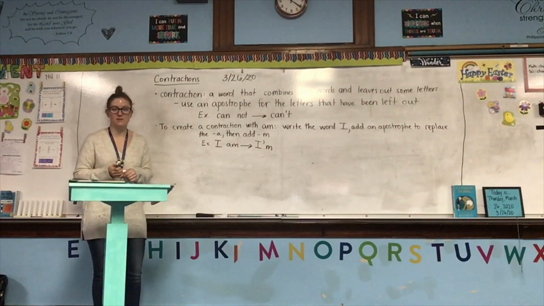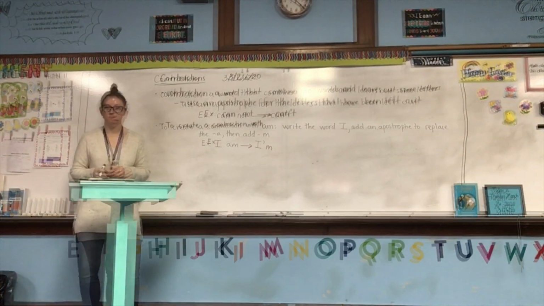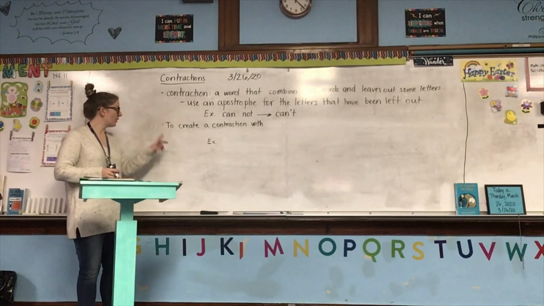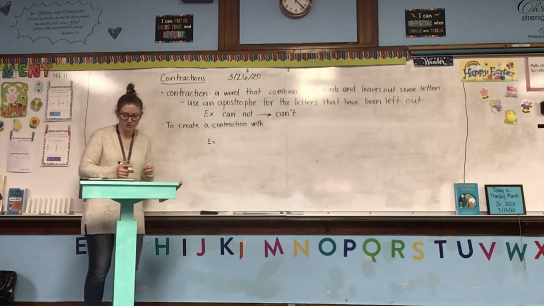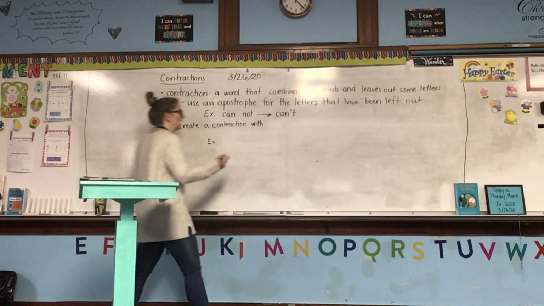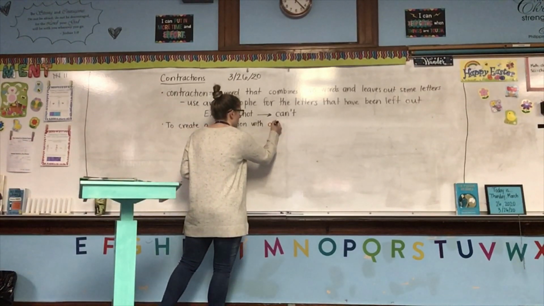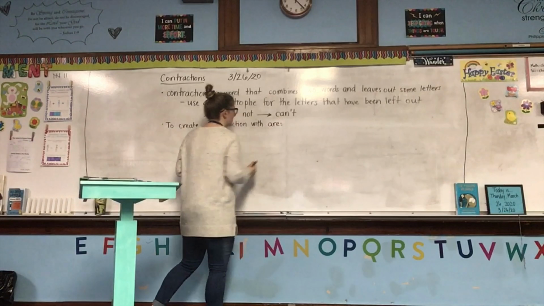Okay, go ahead and pause this video if you need to stop and write. Okay, now go ahead and write underneath "to create a contraction with," because we are now going to talk about how to create a contraction with the word are.